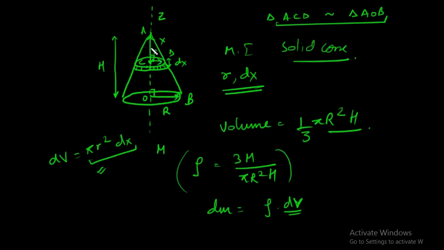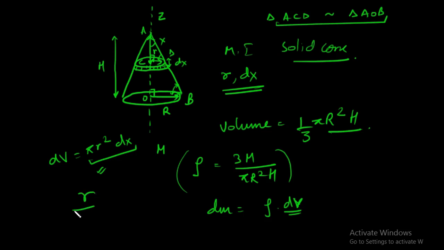In triangle ACD, angle CAD and in triangle AOB, angle OAB are also the same. Since both these angles are the same, the last angles have to be the same. So since these two triangles are similar, we can apply similarity of triangles here.